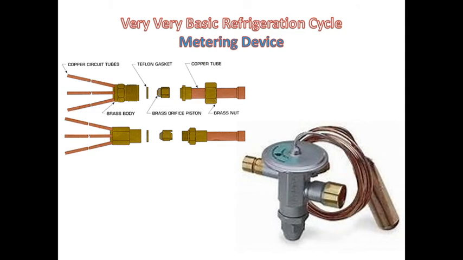Again, here are the two most common metering devices: the piston type on the top left, and the metering device, that's a TXV, thermal expansion valve, on the bottom right.